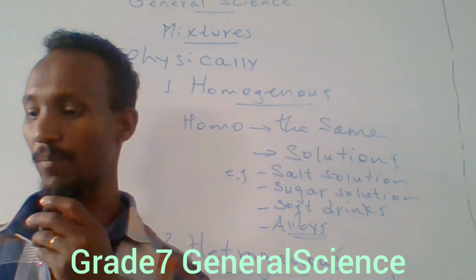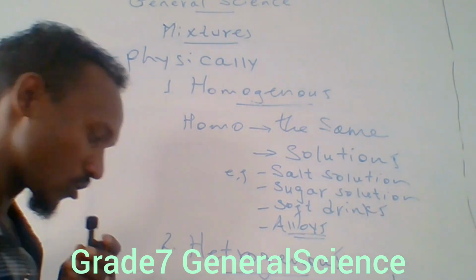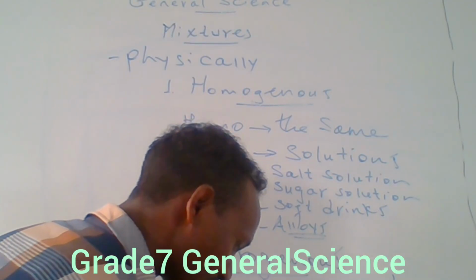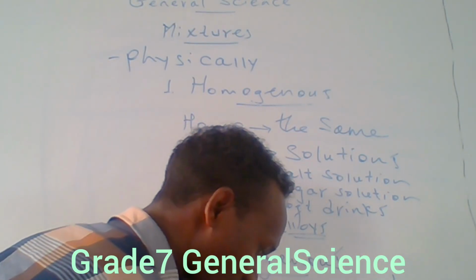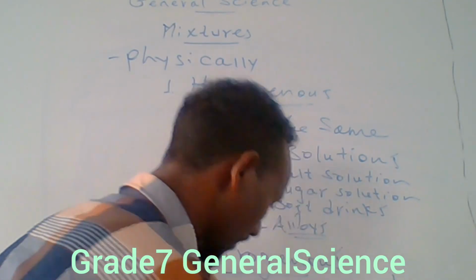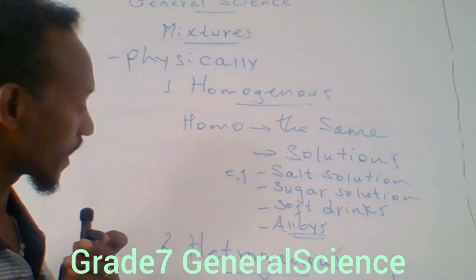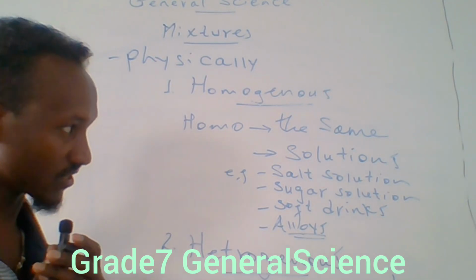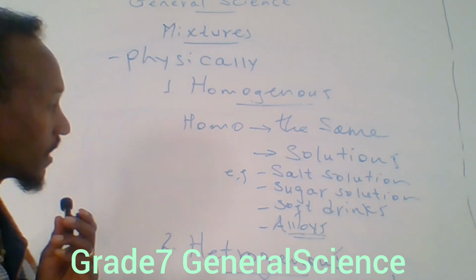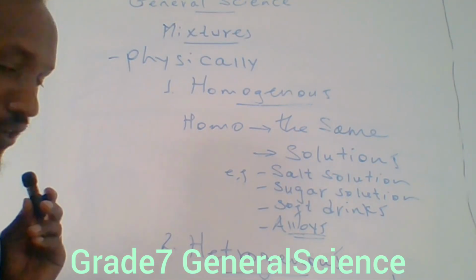Mixtures of sand and salt. Such kinds of substances are said to be heterogeneous mixtures. These are the simple definitions and examples of mixtures and types of mixtures.